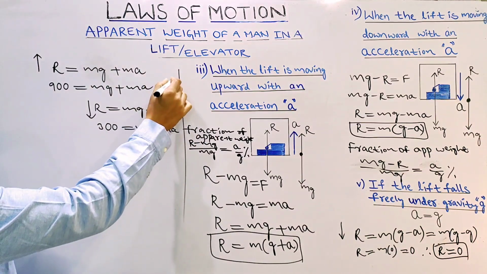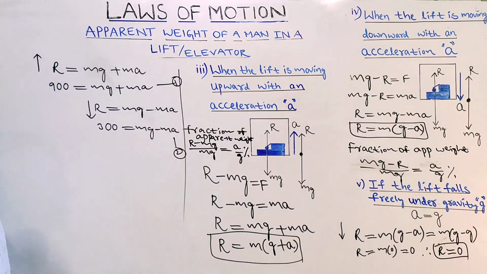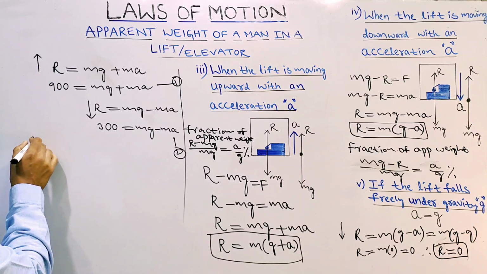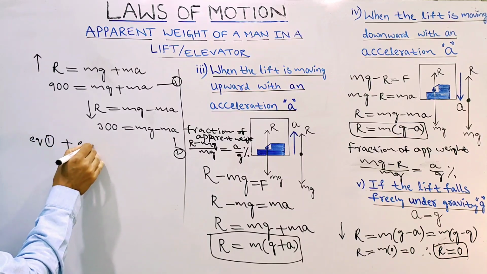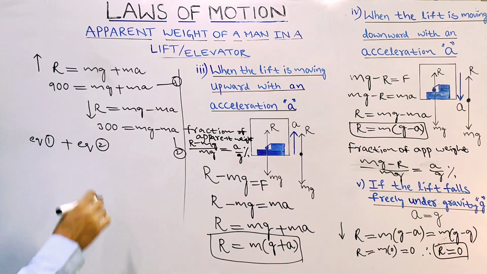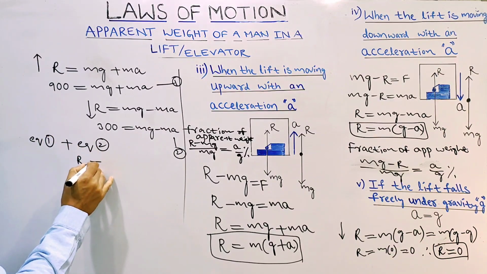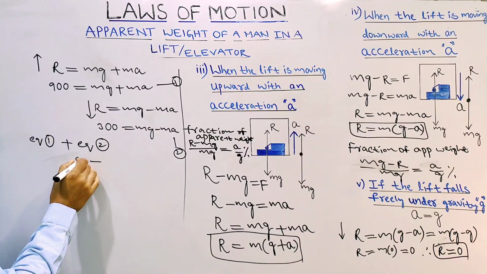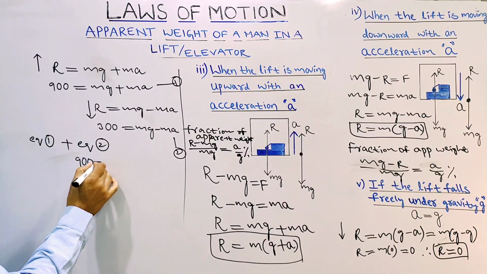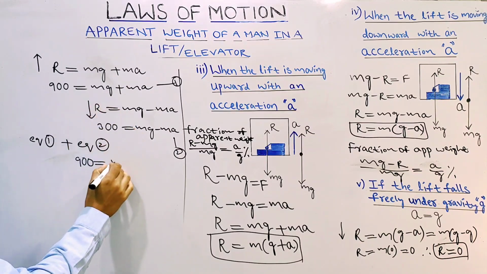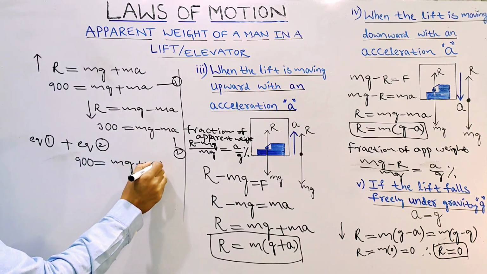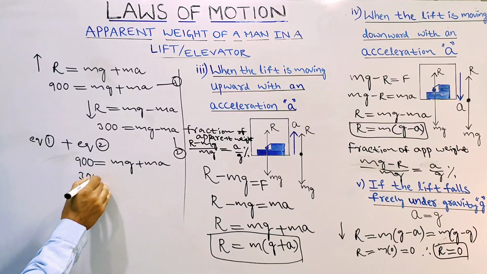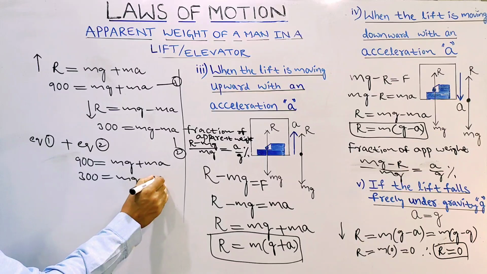So these two equations, say this is equation 1 and this is equation 2, we solve these equations. I'm adding equation 1 plus equation 2. I'll write the equations: equation 1, 900 is equal to mg plus ma, and equation 2, 300 is equal to mg minus ma.